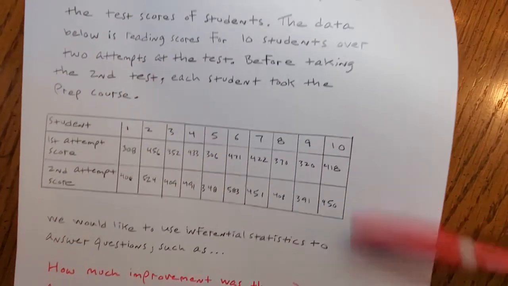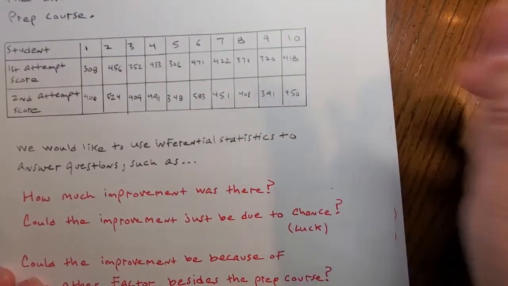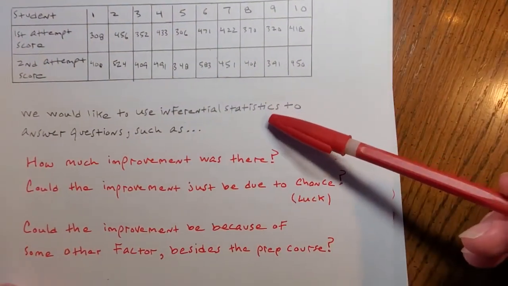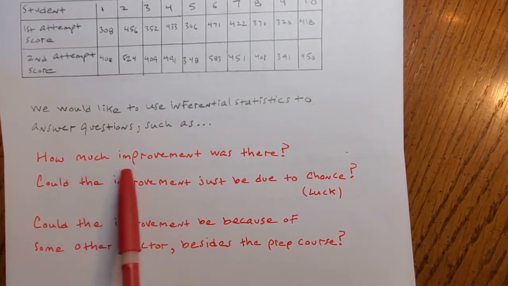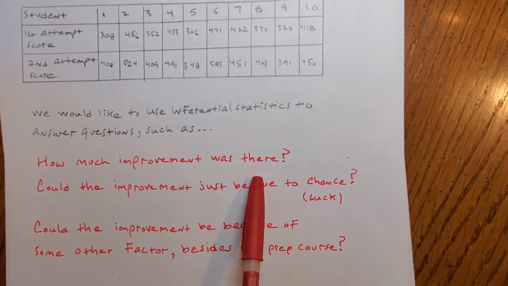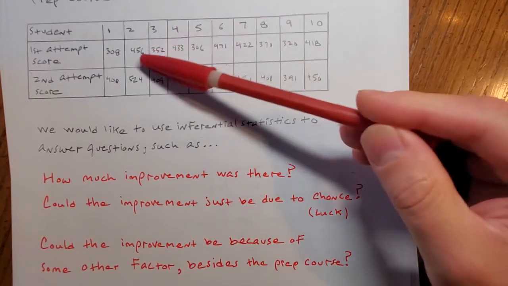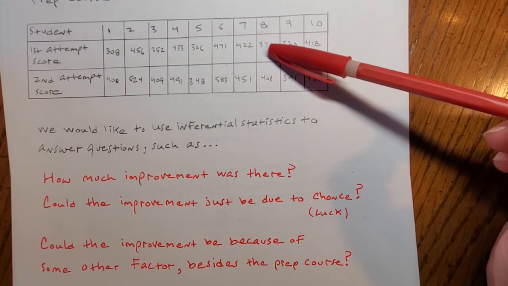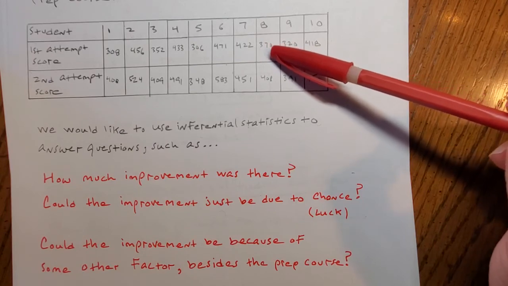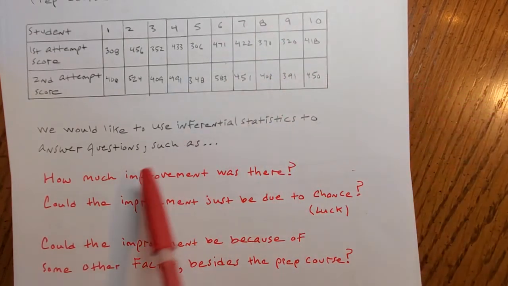So here's what we use inferential statistics for. Here's the goal of inferential statistics: sure, there's improvement, but how do you really quantify how much improvement there was? Does this improvement really give testament to the SAT prep course? So we've got to measure the improvement somehow.